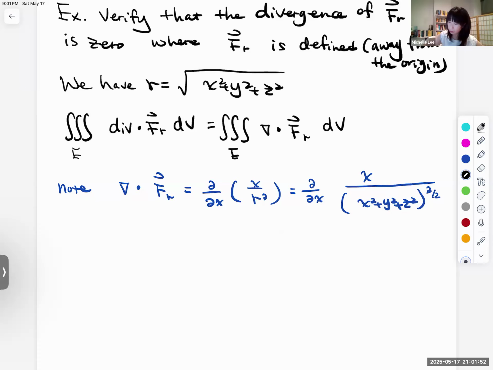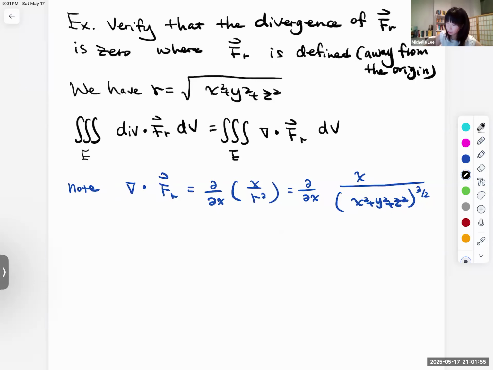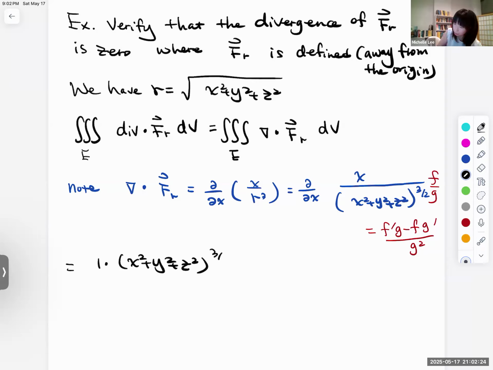We have the quotient rule, right? So let me use this one. So we have f over g, then the quotient rule: f prime g minus f g prime over g squared. Yes? Okay, let's do this one. f prime, we have 1, right? g, we have x squared plus y squared plus z squared to the 3 over 2, plus f g prime.